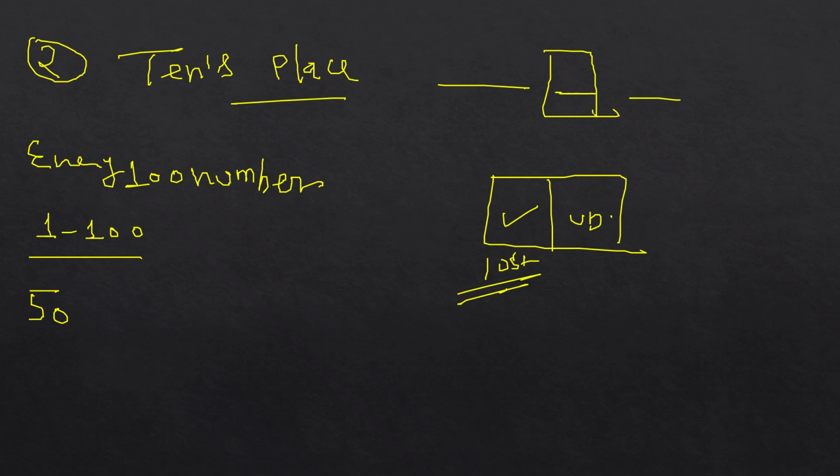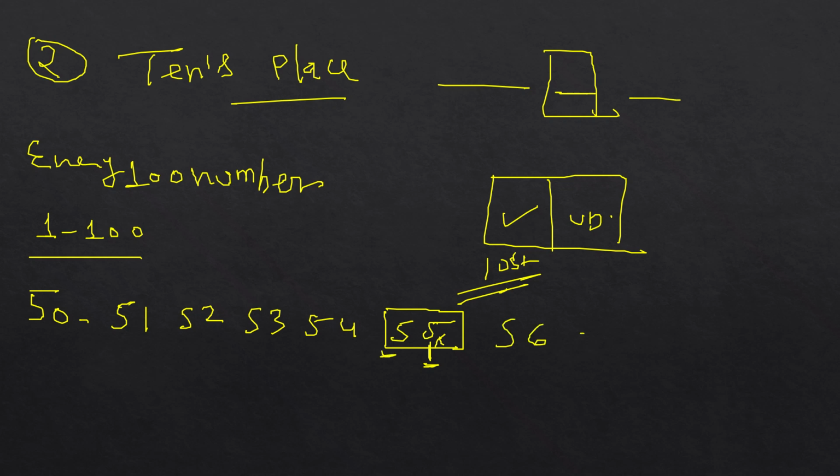So it's only one possible case, 50 to 59. 50, 51, 52, 53, 54, 55. Please remember, don't count twice because we already counted at the unit place. So this will not be counted, only this 5 will be counted. 56, 57, 58, 59. So 1, 2, 3, 4, 5, 6, 7, 8, 9, 10. So a total of 10 times in every 100 numbers.